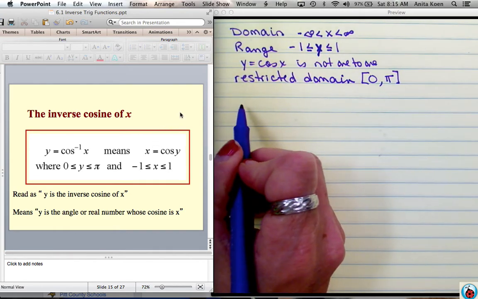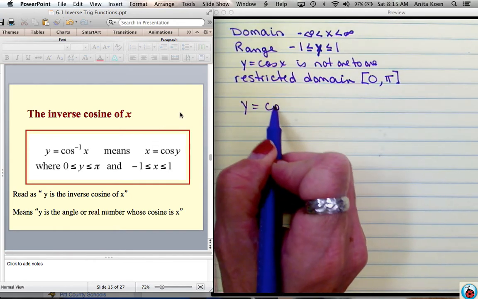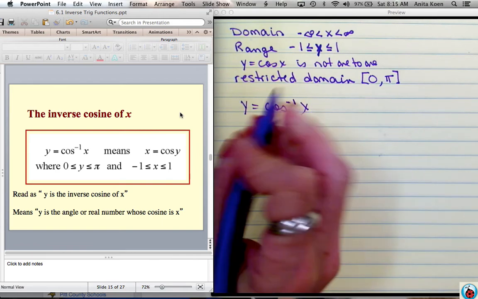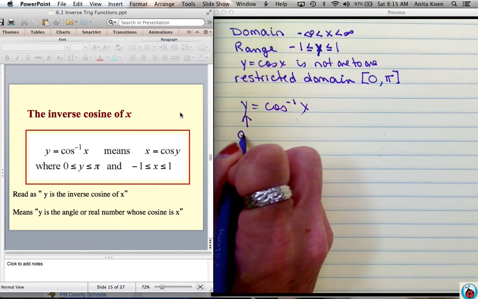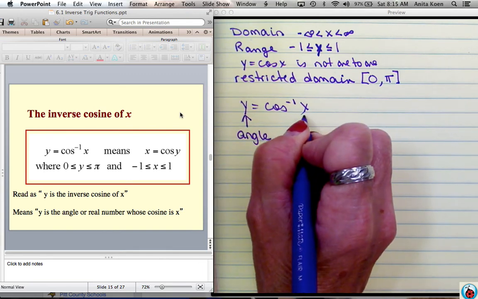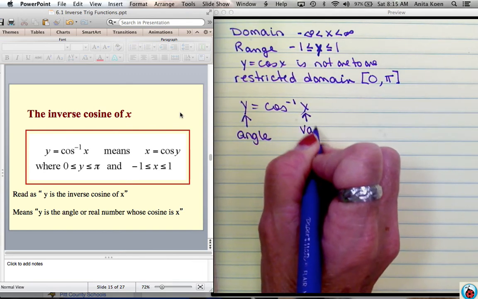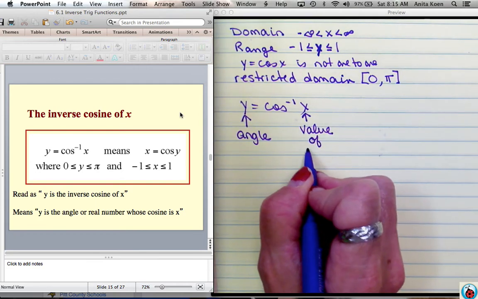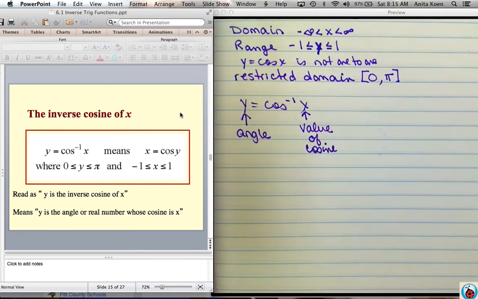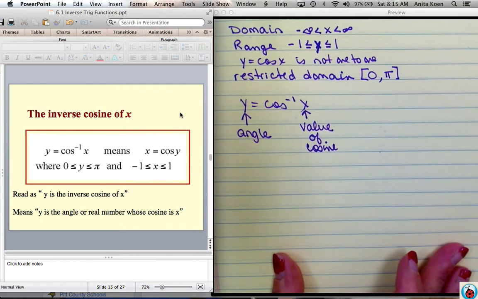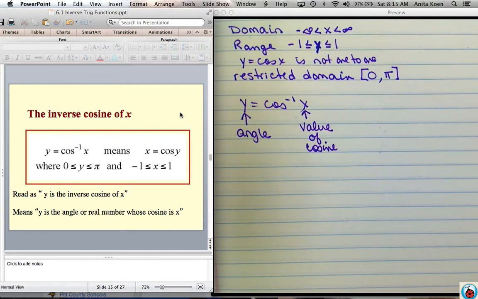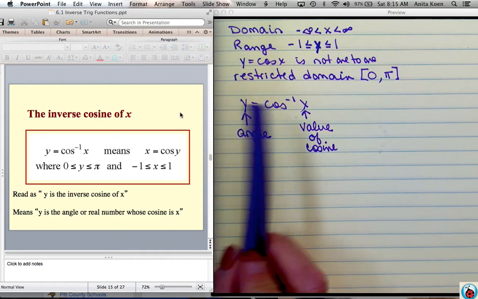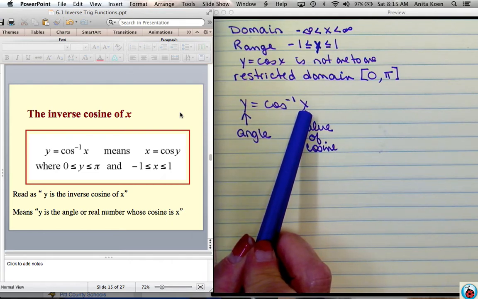Just like with the sine, when I have y equals the cosine inverse of x, the y is an angle and the x is the value of the cosine. We're talking about cosine here, not sine. So y is always an angle, and the x is the value of the cosine. So this is saying y is the angle whose cosine is x.